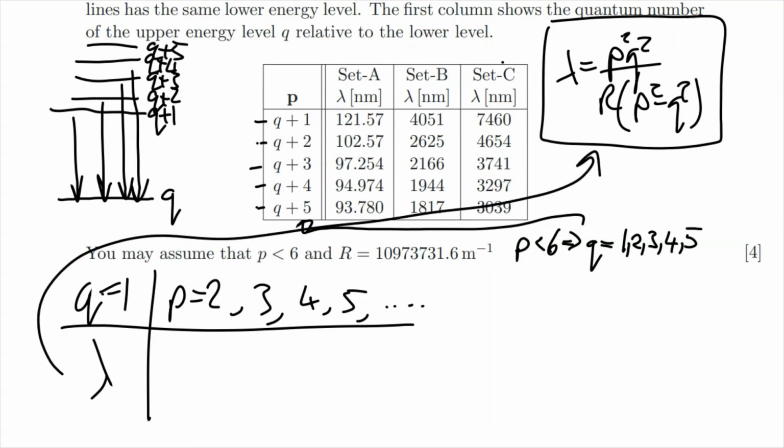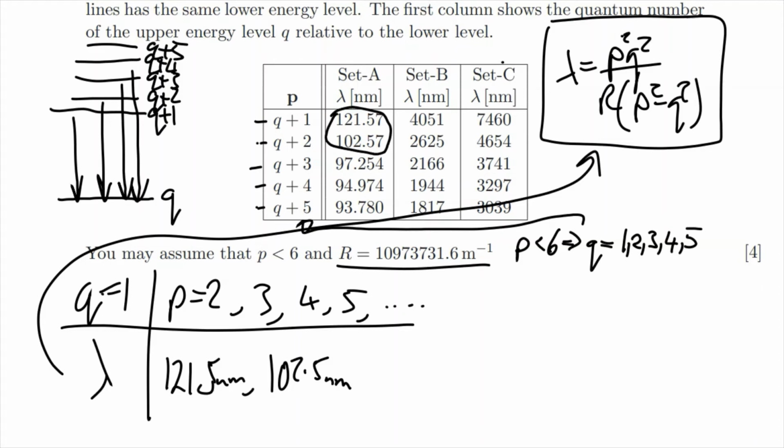We just sub the numbers in using the R given in the question. For Q equals 1, P equals 2, we should get 121.5 nanometers. For Q equals 1, P equals 3, we get 102.5 nanometers. And that is pretty much these numbers right here in set A.